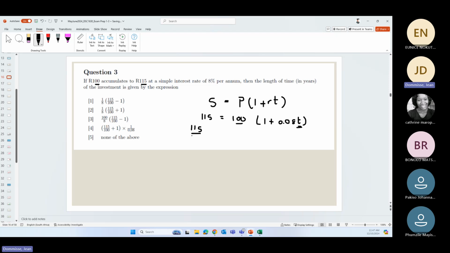So then it will be 115 divided by 100, which is equal to 1 plus 0.08 times t.